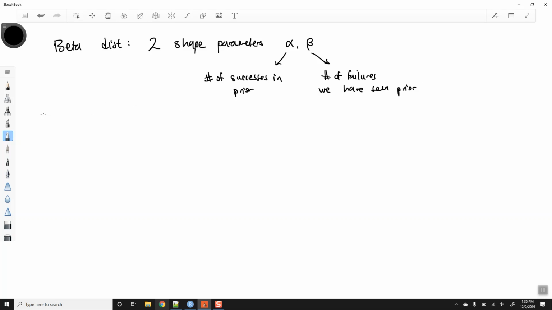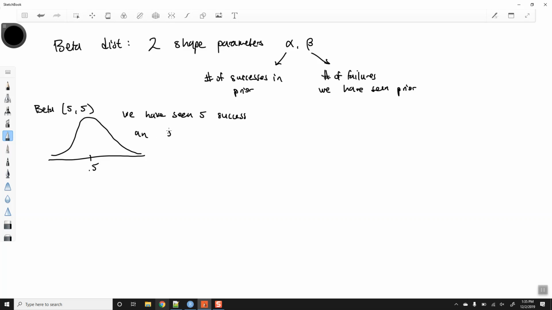Right? So for example, beta 5,5 basically says we have seen 5 successes and 5 failures. So I think theta is 0.5, okay, but other values are possible.